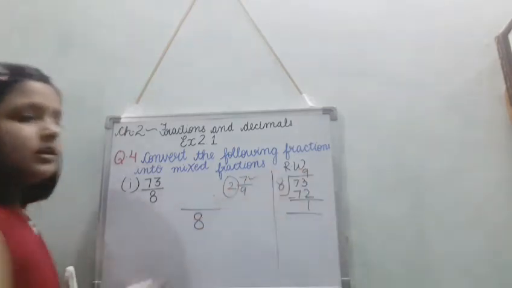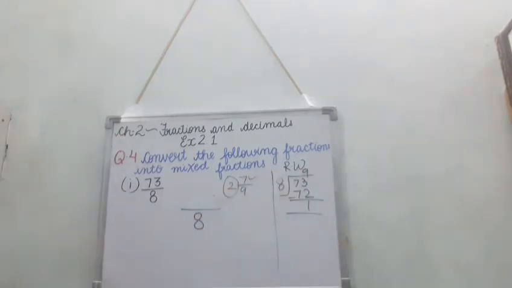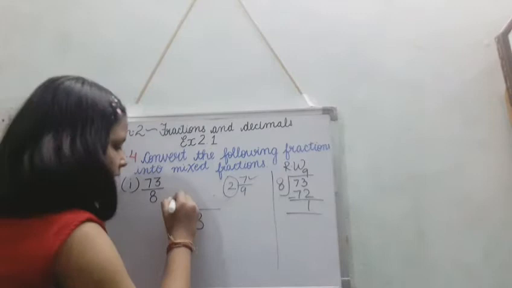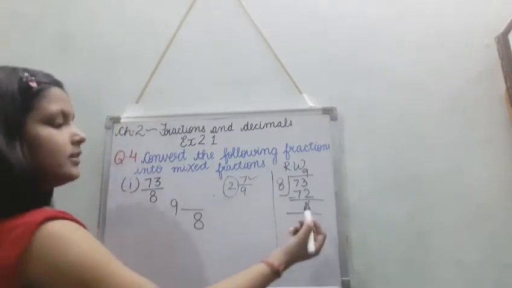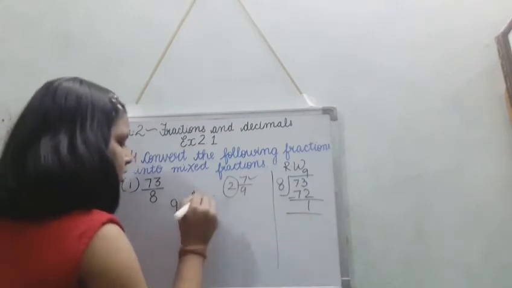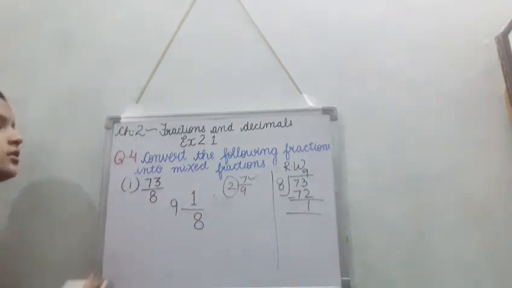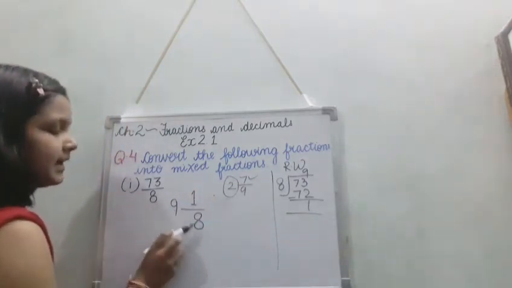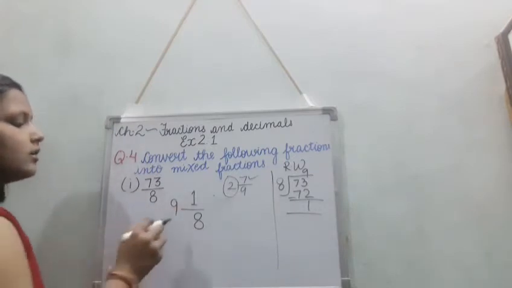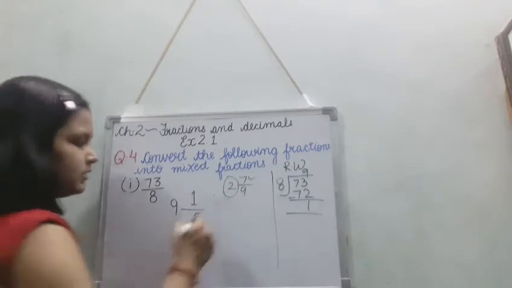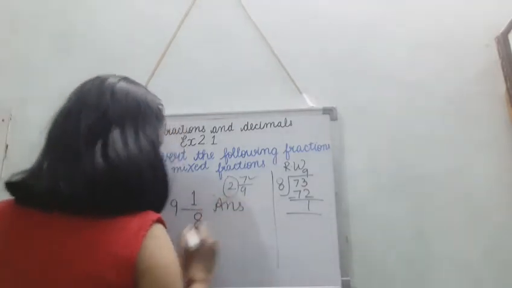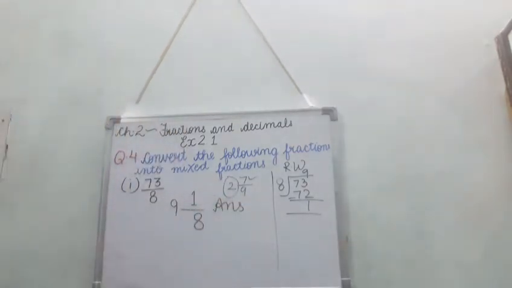Then the 9, the quotient, you will write over here as the integral part. Okay, as the integral part. And then the remainder you will write over here. And for checking this answer, you can simply multiply these and then add these. That is 9 eights are 72 and plus 1 is 73 upon 8. This is the answer. Let's solve another part of this question.